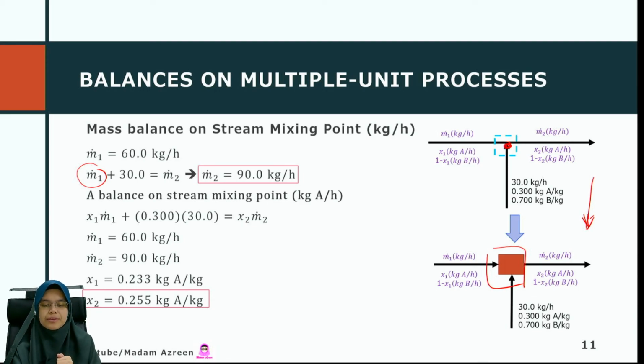So you have M1 plus 30 equal to M2, and you can straight away get the value of M2. Again, you do a balance of A at this mixing point, and you can get the value of x2. Hopefully you get this simple example. If you have any question, you can ask me later on.